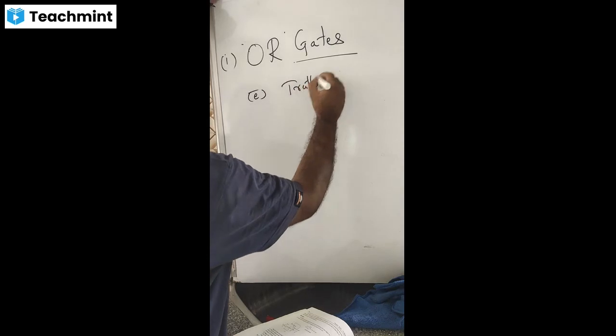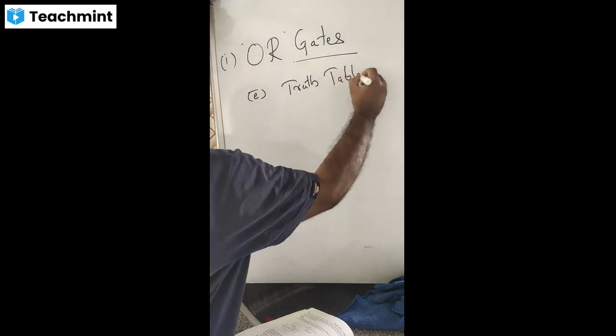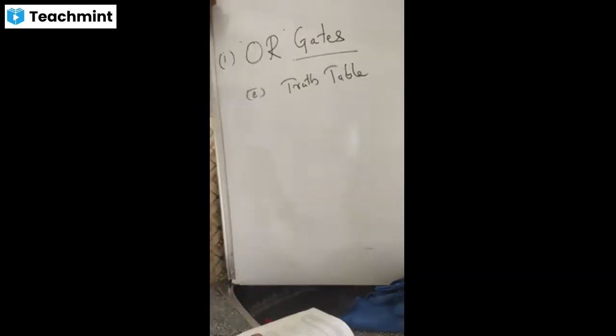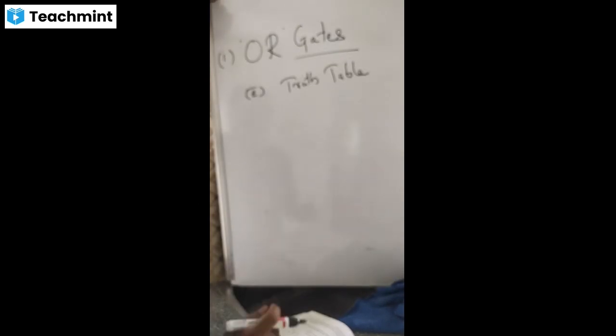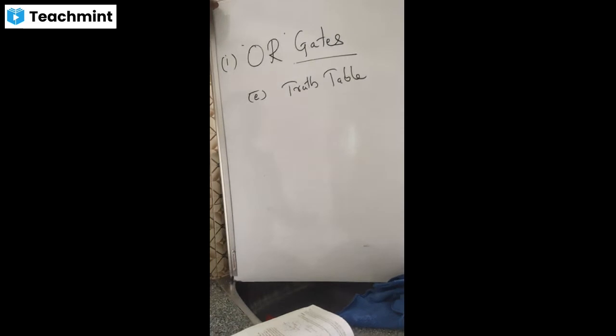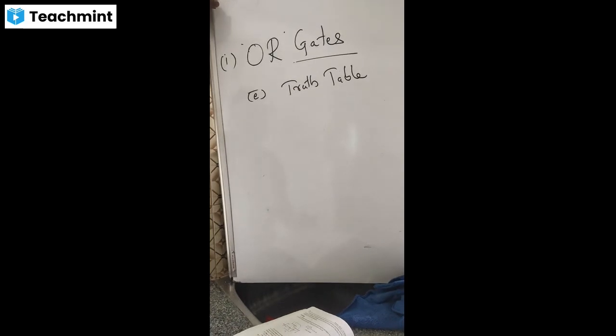Truth table. Okay. So now truth table means, as I said, how many operations can be performed in OR gate? Question comes, how many operations can be performed in OR gate?